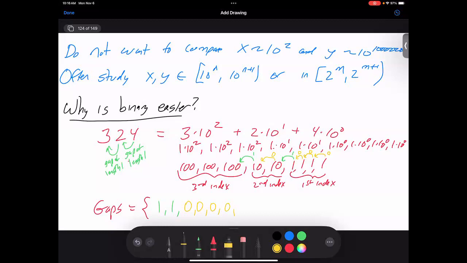Then we have a gap of length 1 when we go from 10 to 100. And now how many gaps of length 0 do we get for the remainder of the third indices? Two. And so this would be the distribution of gaps. Notice how we have a lot of gaps of length 0 that we have to be careful about.